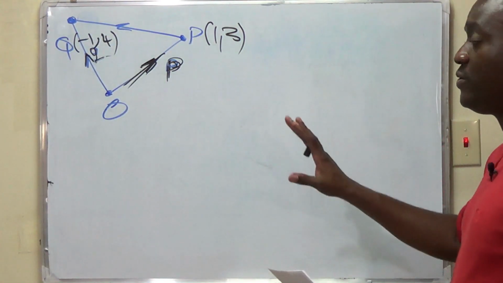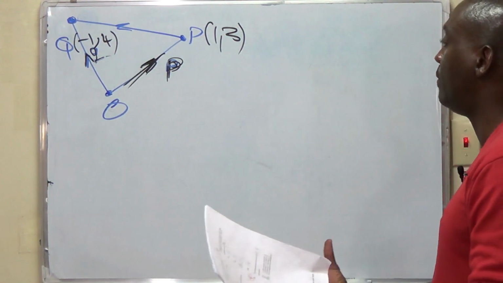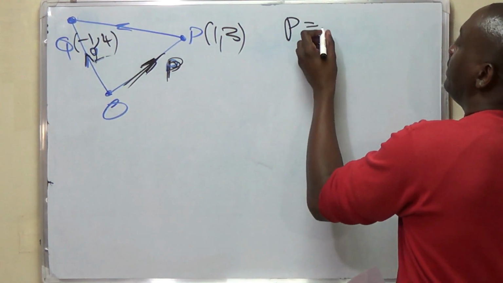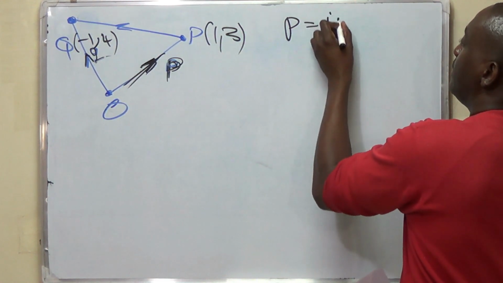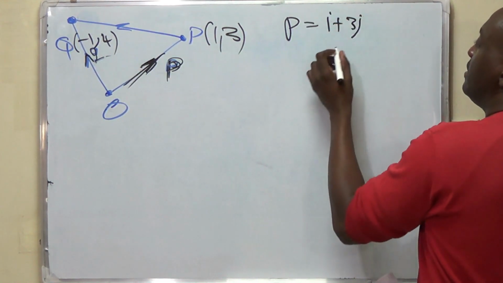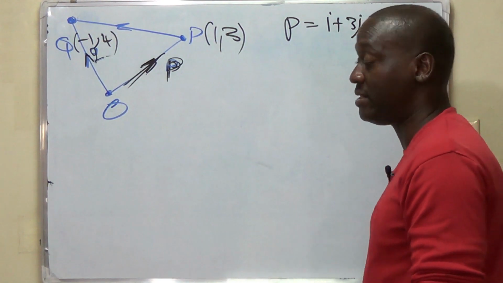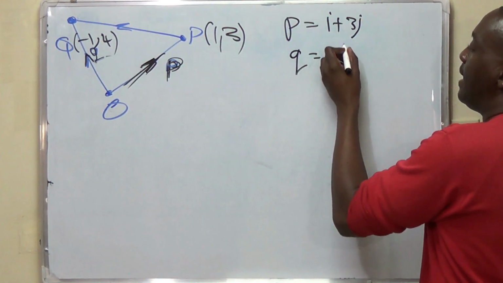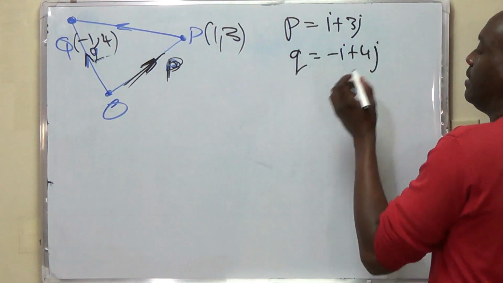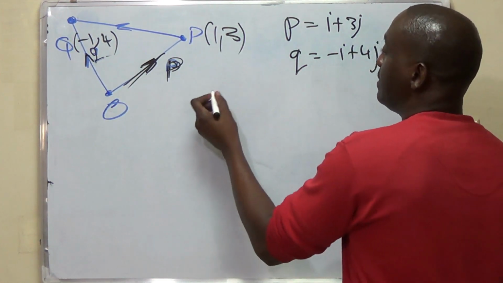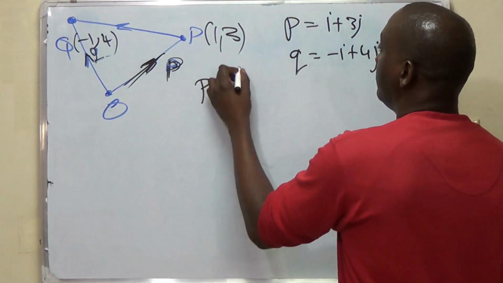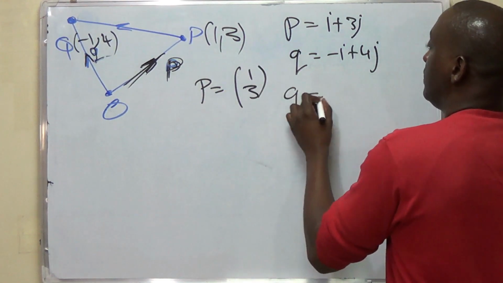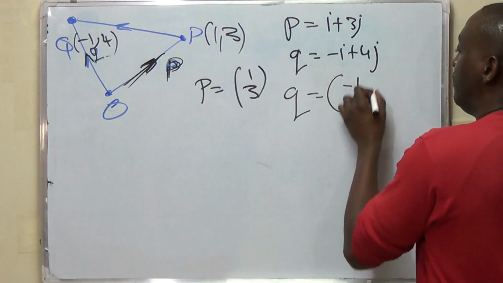Right? So, some more notation now. We could say that P is the point, let us say, i plus 3j, just introducing you to some notation here. We could say Q is the point minus i plus 4j. We could also write it as p is equal to (1, 3), and we could say that q is equal to (-1, 4).